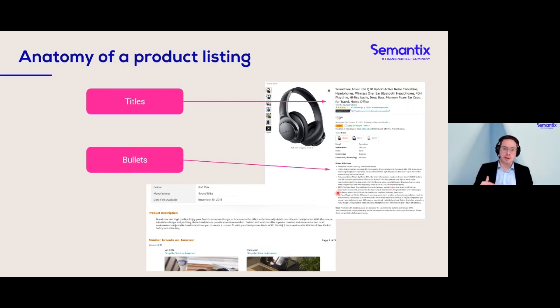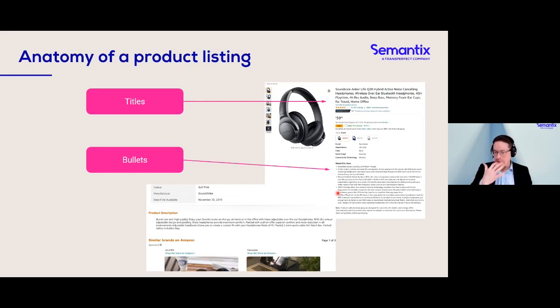You're allowed to have 5 to 6 bullets, and you have a maximum of 1,000 characters. And you should really be focusing on one feature or function per bullet, and the most important thing you want to say about your product should be in the first bullet.